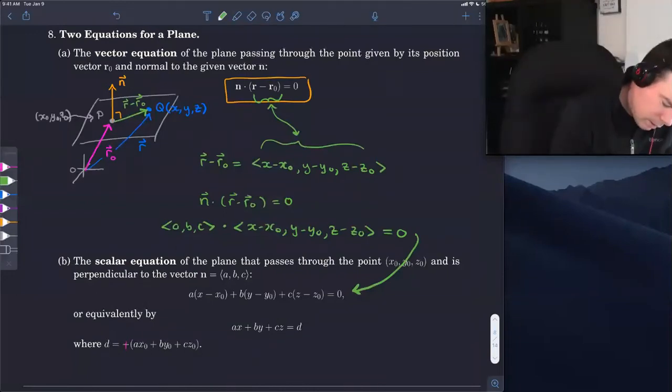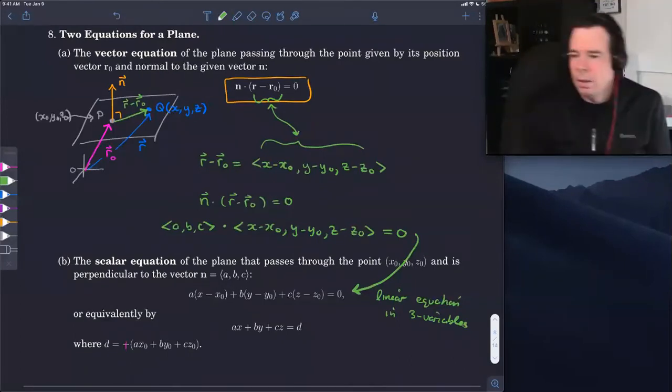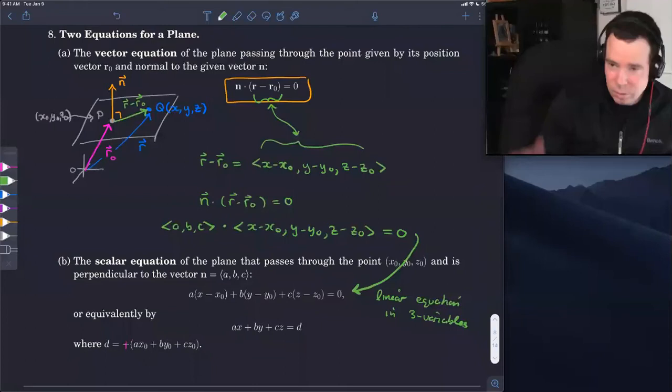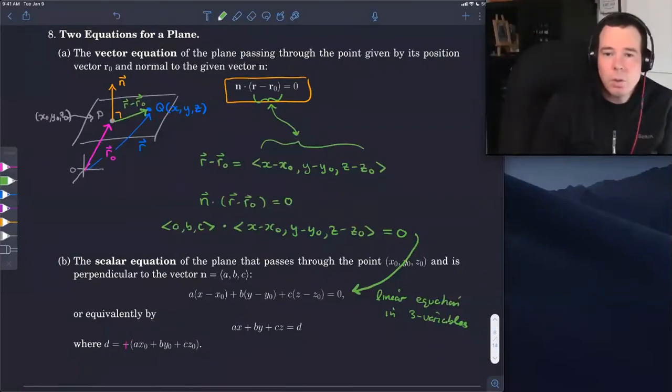And this is a linear equation in three variables, x, y, and z. As we've discovered through this process, that's the equation of a plane. So a plane in 3 dimensions is like the analog of a line in 2 dimensions.